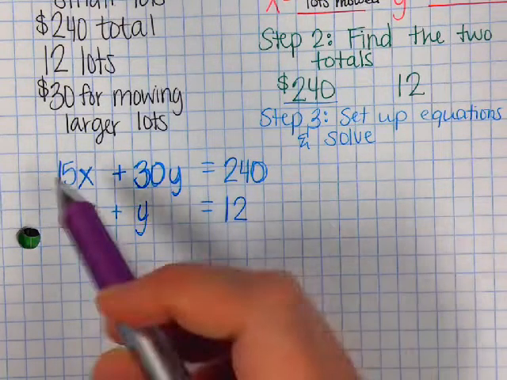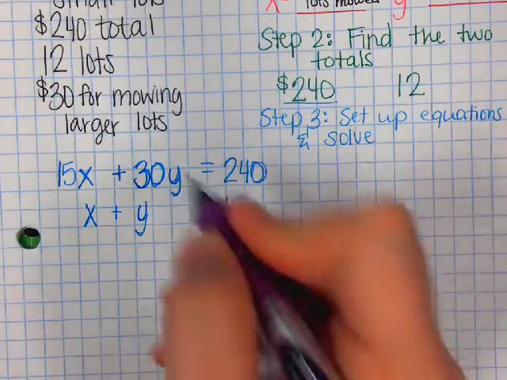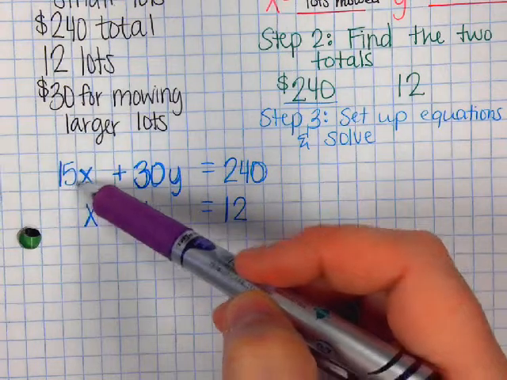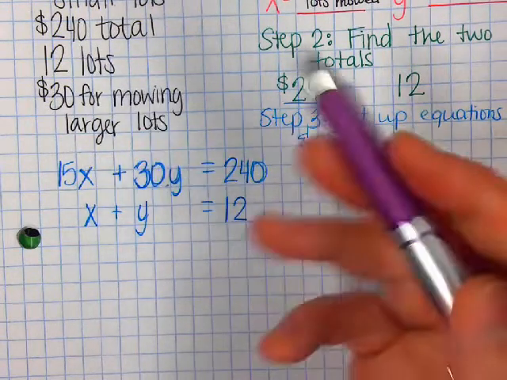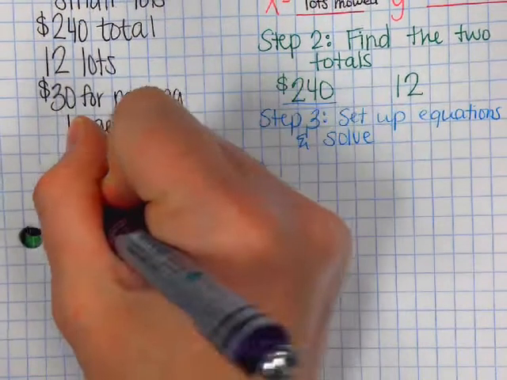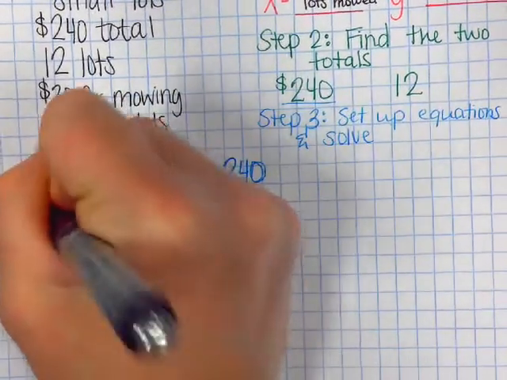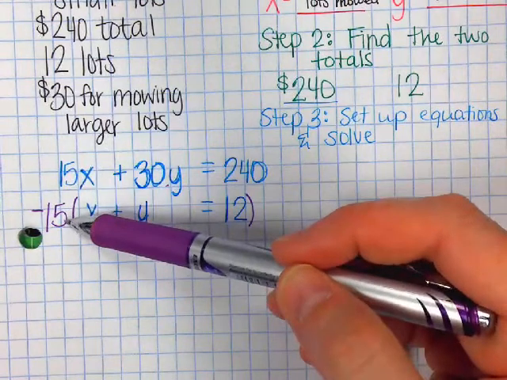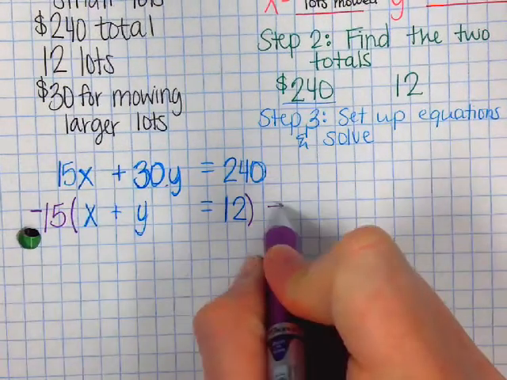So remember, when you're trying to do elimination and nothing eliminates, you need to multiply so that it will eliminate. I could multiply by negative 15, or I could multiply by negative 30. I would prefer to do the smaller number, so I'm going to multiply by negative 15. And remember, the reason I do negative 15 is because 15x and negative 15x would cancel.